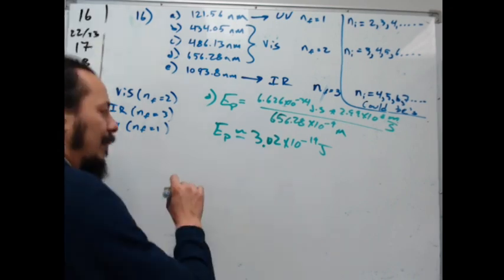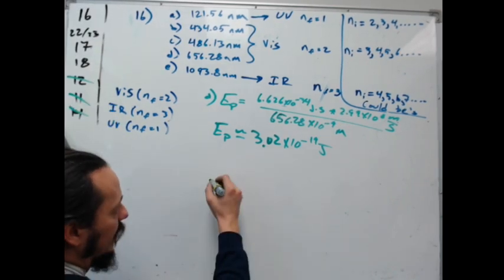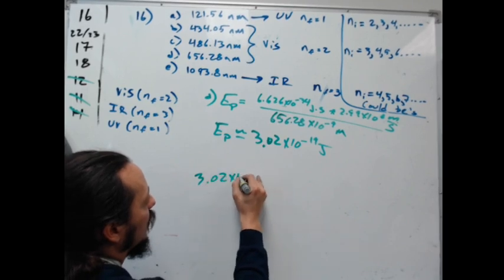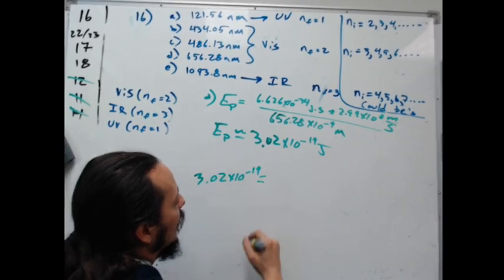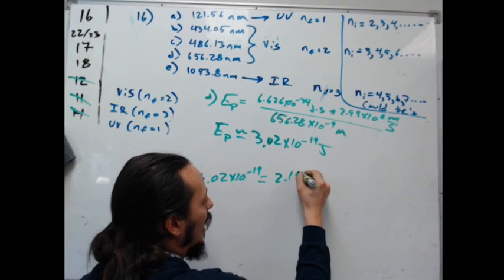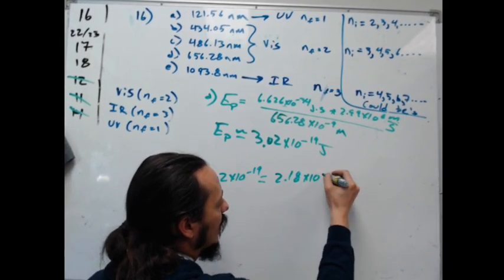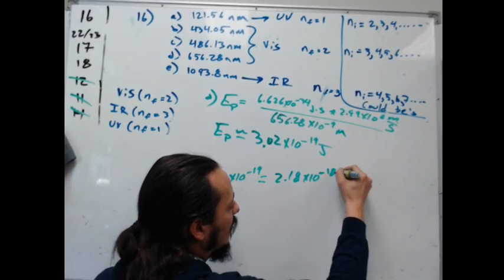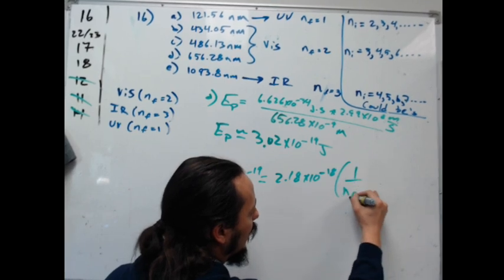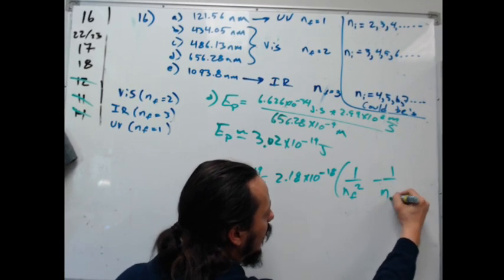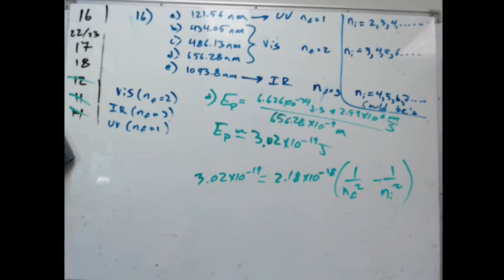So then we can take this and we can say the energy of the photon, 3.02 times 10 to the minus 19, is equal to 2.18 times 10 to the negative 18, 1 over n final squared minus 1 over n initial squared. And you will notice I have gotten rid of a negative sign.